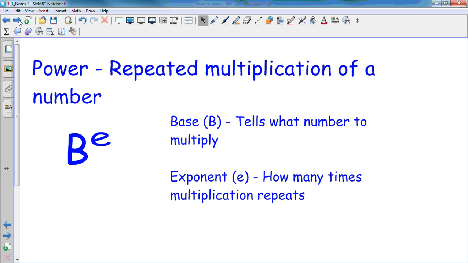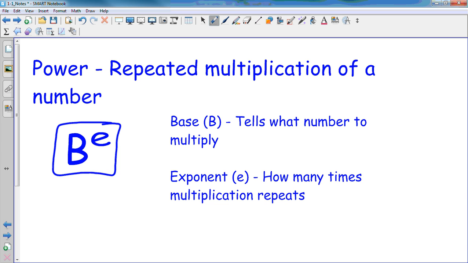And it looks like this when it's written, where B and E are variables. They stand for a number. We just talked about variables.